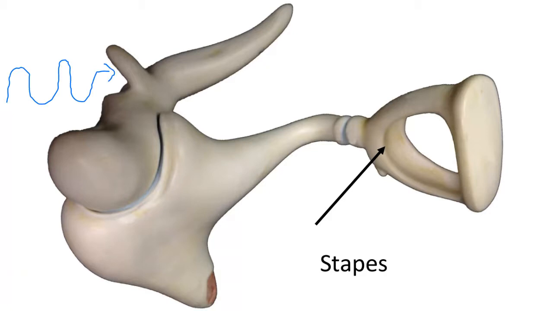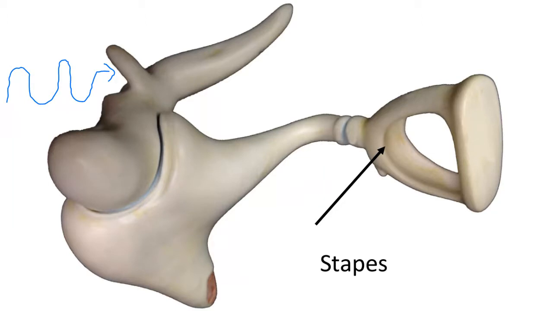Sound can travel through air, liquid, and solids. Sound can't travel through a vacuum. That's why in space, since it's a vacuum, there's no noise. So when these bones start to vibrate, they will amplify the sound.